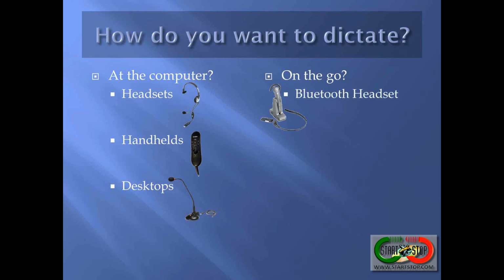The first is Bluetooth headsets. Obviously, that would give you the freedom to be a little further away from the computer. But you still would have to be within the range of that headset, and we'll talk about that some. The second would be a Bluetooth handheld microphone, and we'll look at what we have in that regard.